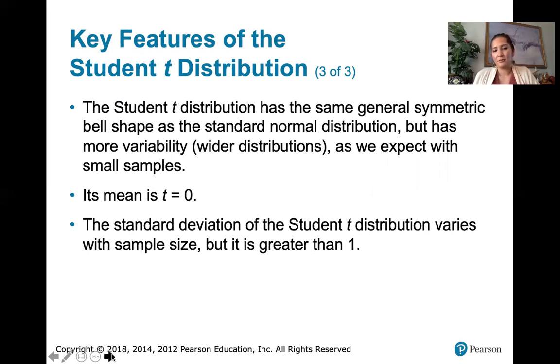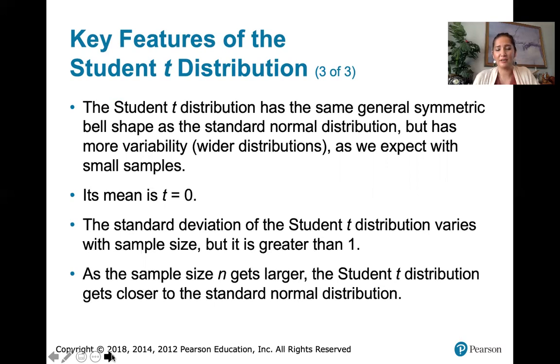With a standard normal distribution, the standard deviation is equal to 1. With the student t, it's greater than 1. Again, that's another reflection of it being more spread out. And we see that as the sample size gets larger, the student t distribution gets closer and closer to that standard normal distribution.